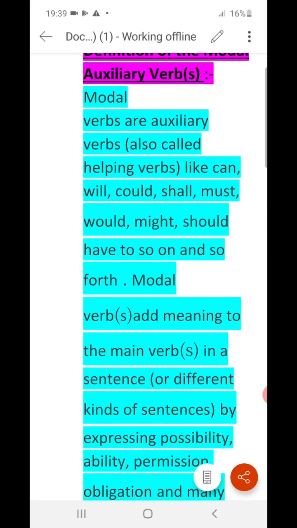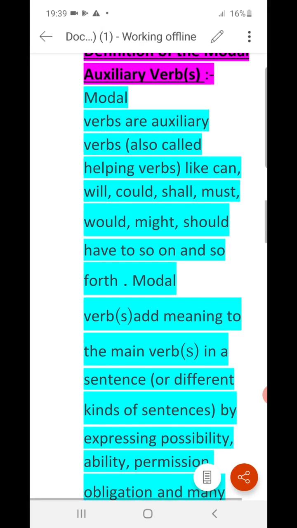Students, otherwise, we will find many times these sentences incomplete or without having proper sense as such.